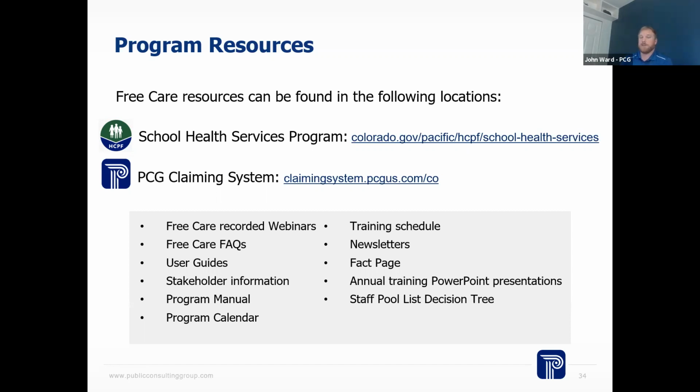So you'll have due dates for cost reports when they're set to be opened, staff list due dates, really all the important dates for the fiscal year. And then once we're wrapped up with these trainings, probably in 7 to 10 days, maybe, these training resources will be uploaded to the SHS website as well.